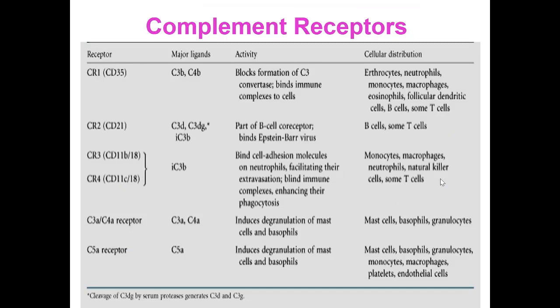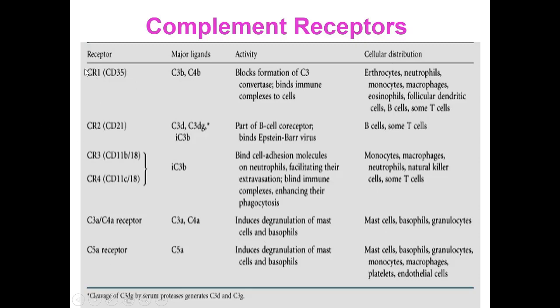All of the biological functions of the complement system depend on binding of complement fragments to their receptors. As you see here, there are different receptors for complement components, and these receptors are found on different cells in our body.